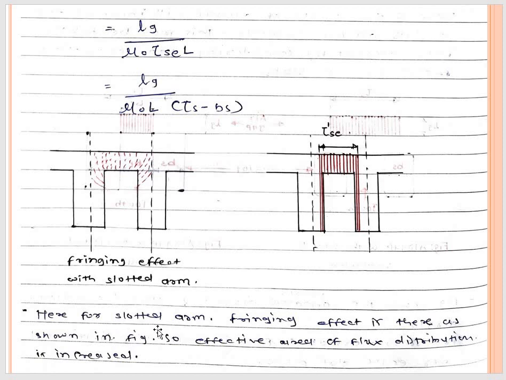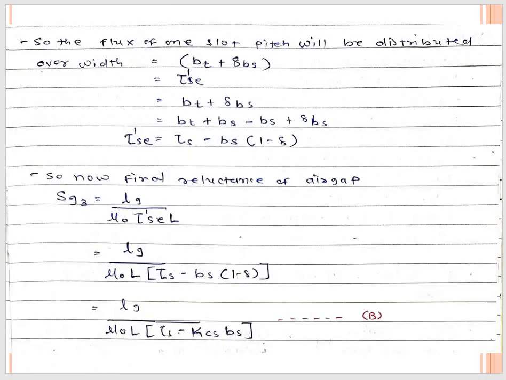So here for the slotted armature, the fringing effect is there as shown in the figure. So the effective area of the flux distribution is increased. The flux of one slot pitch will be distributed over the width of bt plus delta bs, and tau se dash is given by bt plus delta bs.